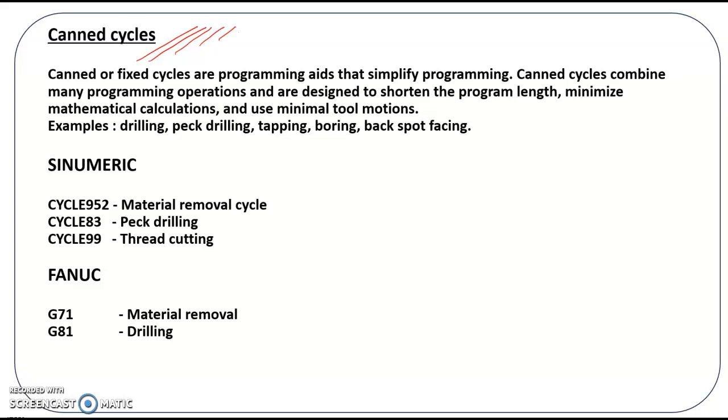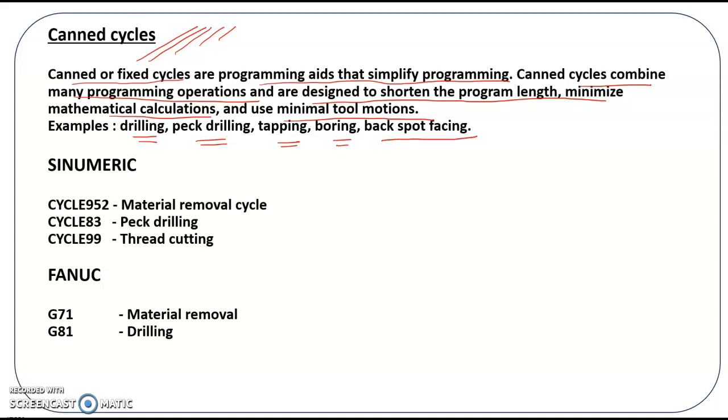So they can be defined as canned or fixed cycles. These are programming aids that simplify programming. Canned cycles combine many programming operations and are designed to shorten the program length, minimize mathematical calculations, and use minimal tool motions. Examples: drilling, peg drilling, tapping, boring, backspotting, facing, etc.